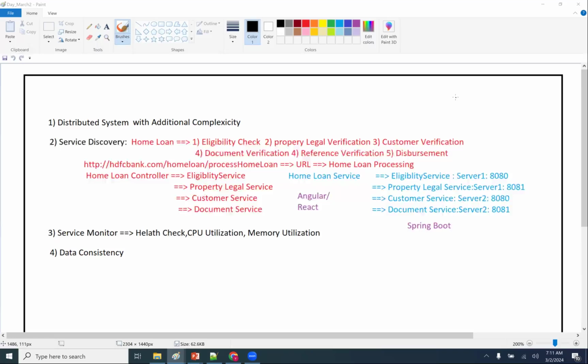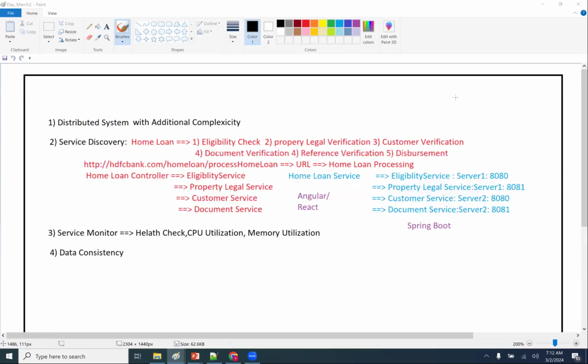In monolithic architecture, all our code exists in one computer or one shell, so we need not think of applying any distributed pattern or distributed system.